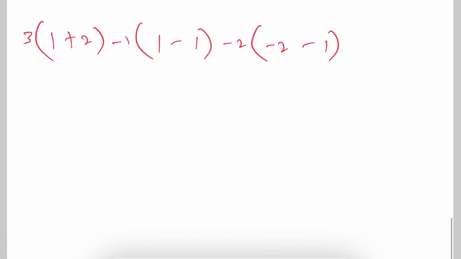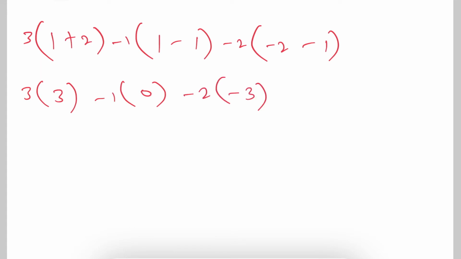Okay, if we simplify this, 3 times 1 plus 2 is 3, minus 1 into 1 minus 1 is 0, minus 2 into minus 2 minus 1 is minus 3. So now 3 threes are 9, minus 1 into 0 is 0, minus into minus plus, 2 threes are 6. So it will become 9 minus 0 is 9, 9 plus 6 is 15.